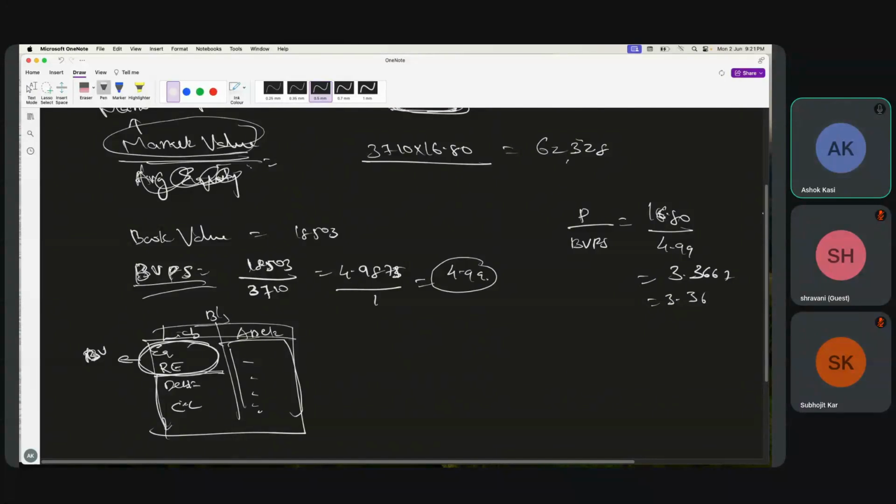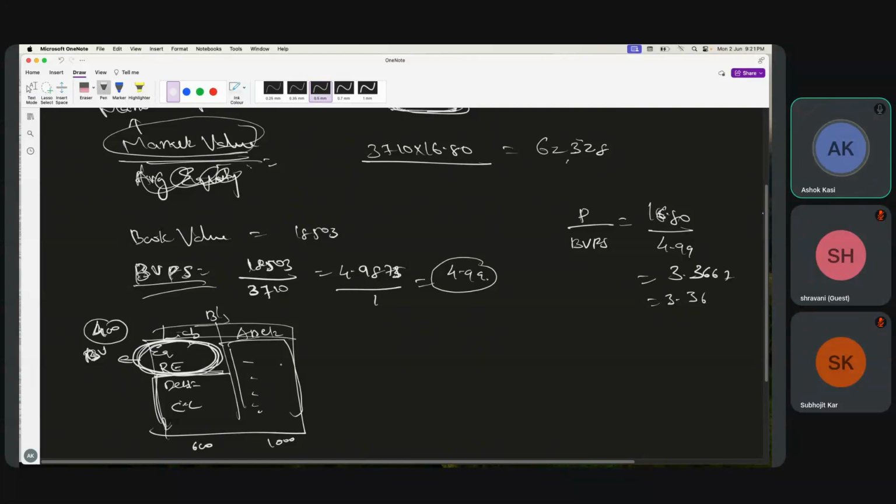What do you mean by this? Assets minus outside liabilities. That means imagine asset is 1,000 and liability is let's say 600. So the remaining part, equity and retained earnings, will come to 400. So this 400 is called book value. Why?